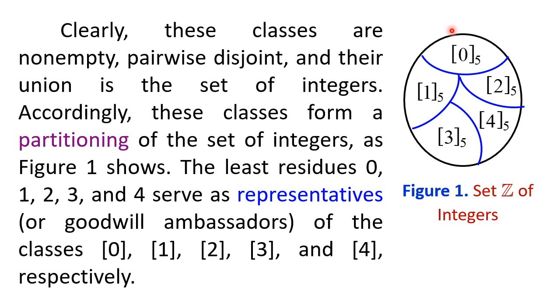Accordingly, these classes form a partitioning of the set of integers as shown in figure 1. The least residues 0, 1, 2, 3, 4 serve as representatives of the classes 0, 1, 2, 3, and 4 respectively. To continue, let's take a look at theorem number 4.